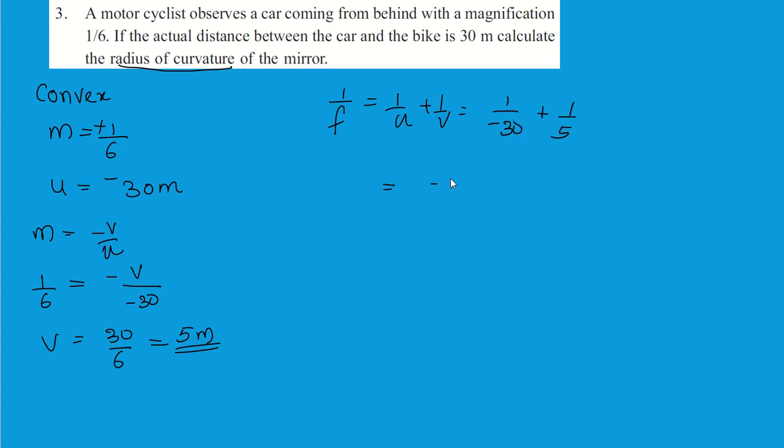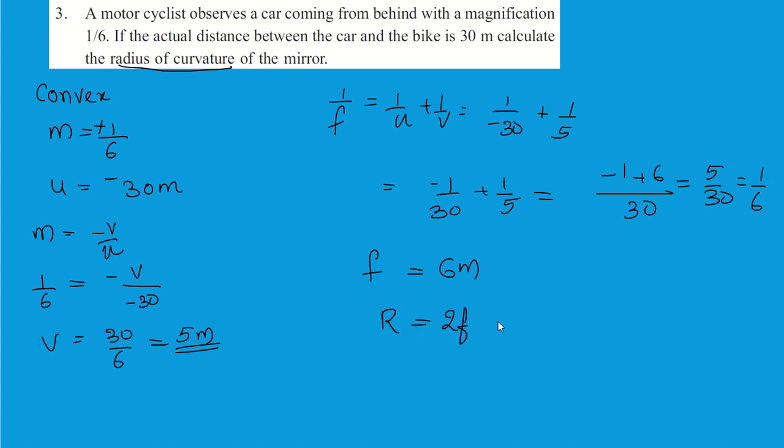So this is going to be -1 by 30 plus 1 by 5. 30 is going to be the LCM, minus 1 plus 6. That's going to be 5 by 30 or 1 by 6. 1 by f is equal to 1 by 6, or focal length f is equal to 6 meters. So the radius of curvature r is equal to 2 times f, 2 into 6, that's going to be 12 meters. Positive 12 meters because it's a convex mirror.